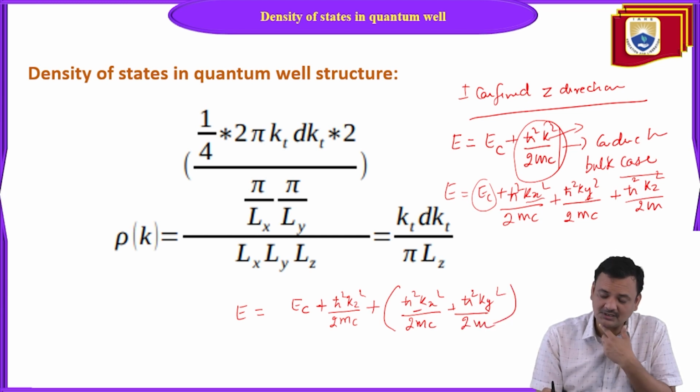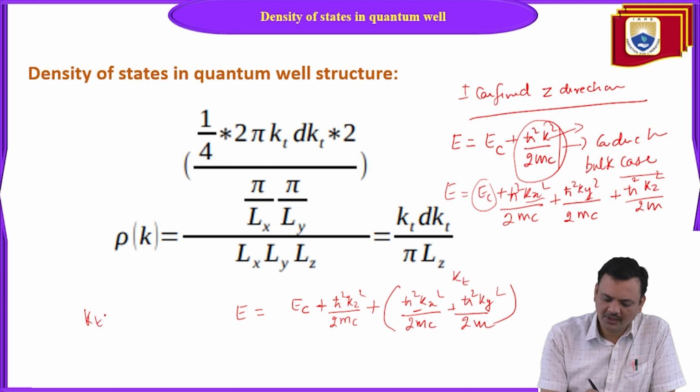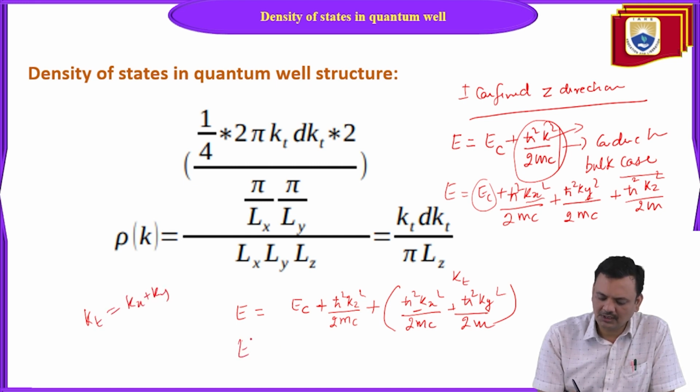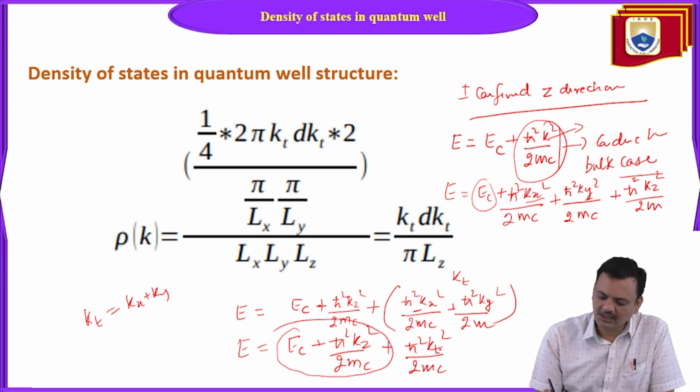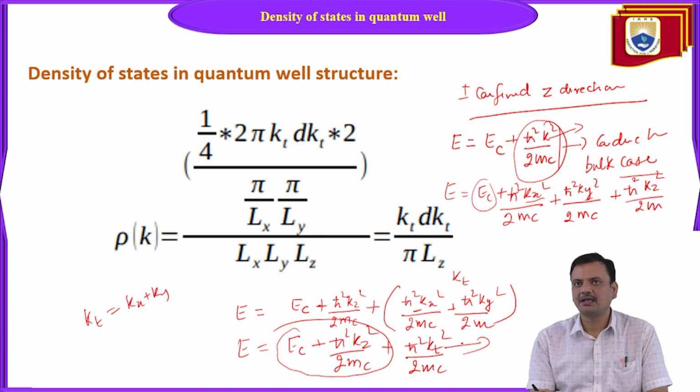Because this is the transverse component, you can write this whole term in terms of kt. Kt is nothing but the transverse component of kx and ky. So E is equal to EC plus h cross square kz square upon 2 mc plus h cross square kt square upon 2 mc. See here, the first term is constant. Only the variation is in kt.